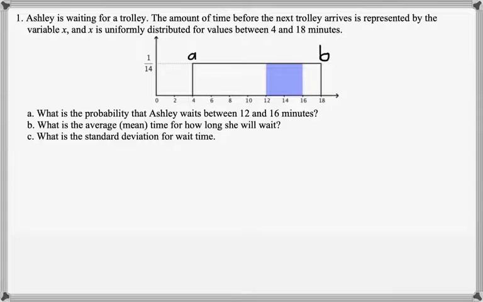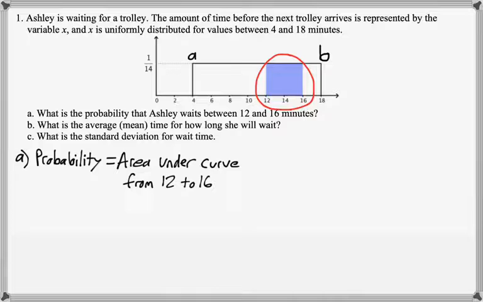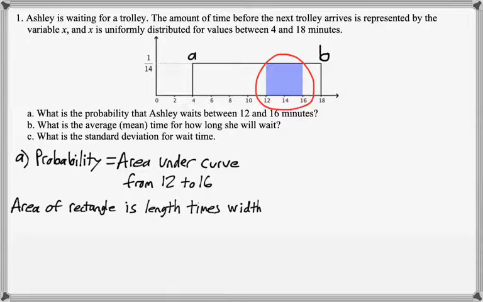So that's talking about the shaded region. So the probability is equal to the area under the curve from 12 to 16. And the area of a rectangle is equal to the length times the width.